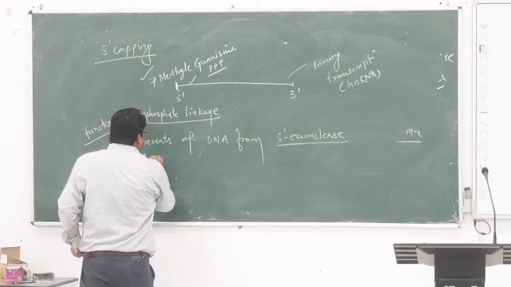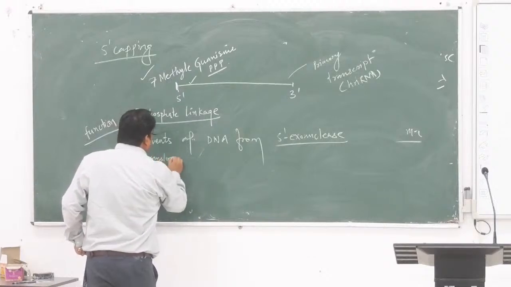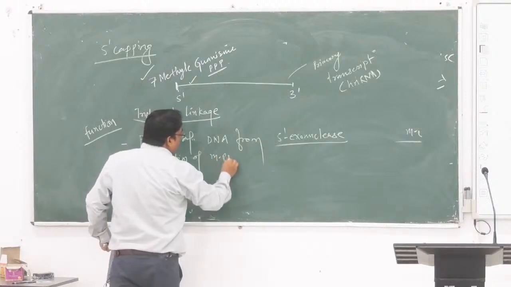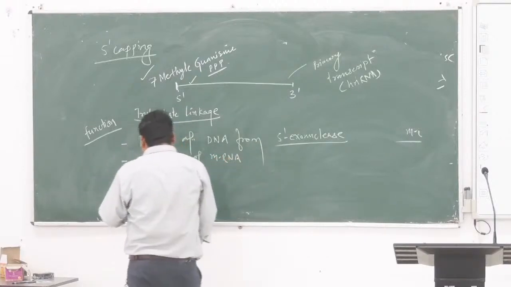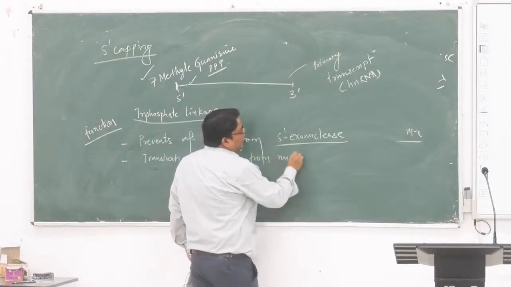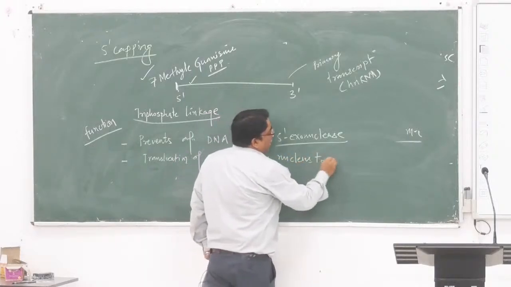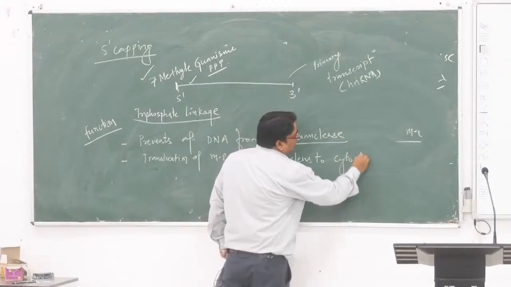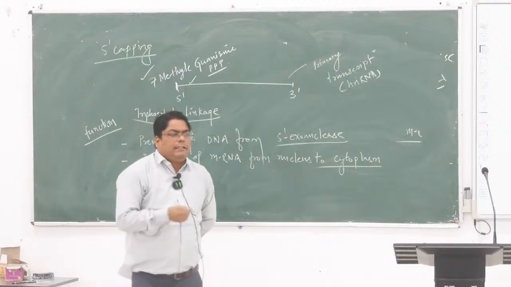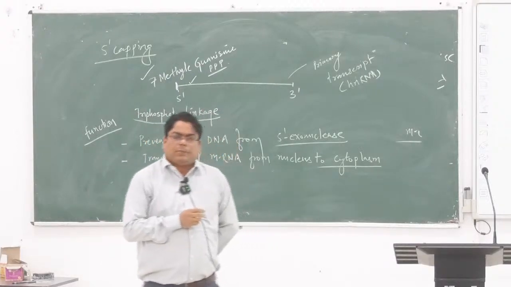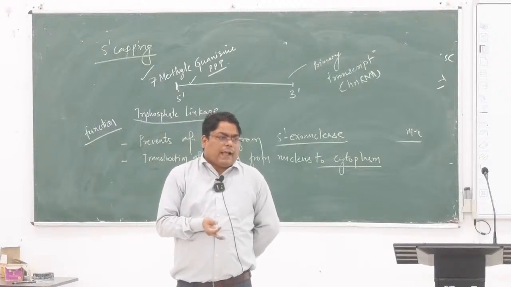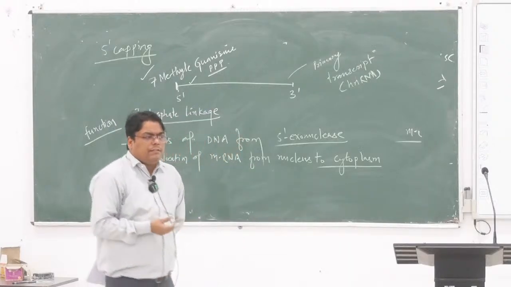Second is important. It is helpful for translocation of mRNA from nucleus to cytoplasm, because this is our main function. Why is the transcription process followed? After the transcription there is translation. Translation is the expression of the genome into a protein.